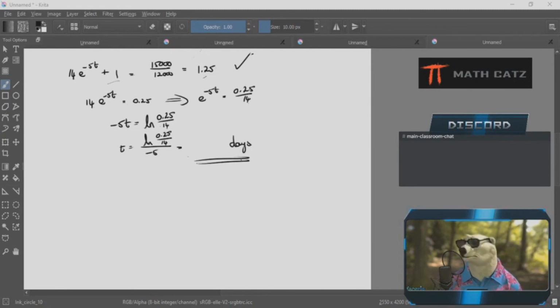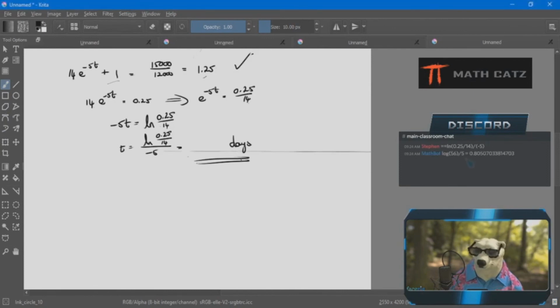I thought I could edit it. Sometimes MathBot doesn't like me to go back and edit previously typed in stuff. Divide that by negative 5. MathBot says, there we go.